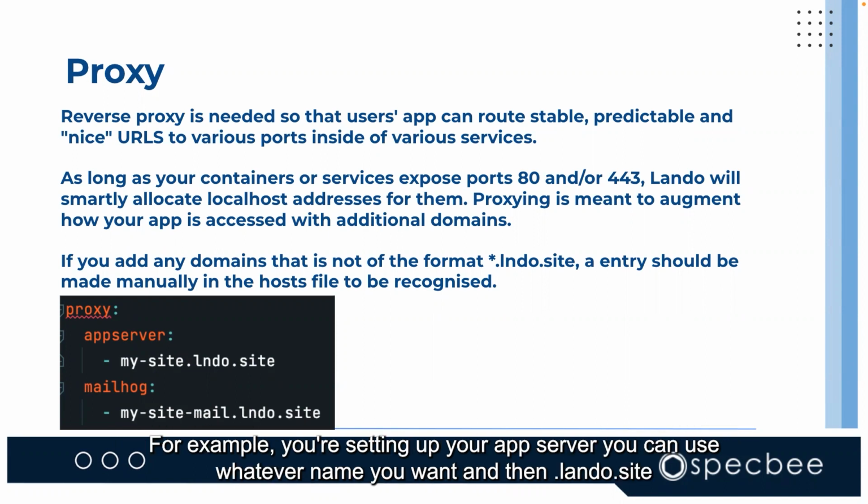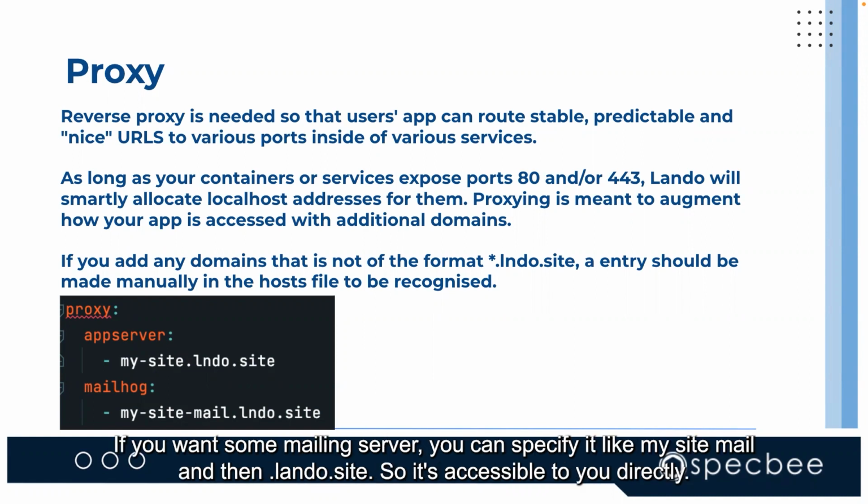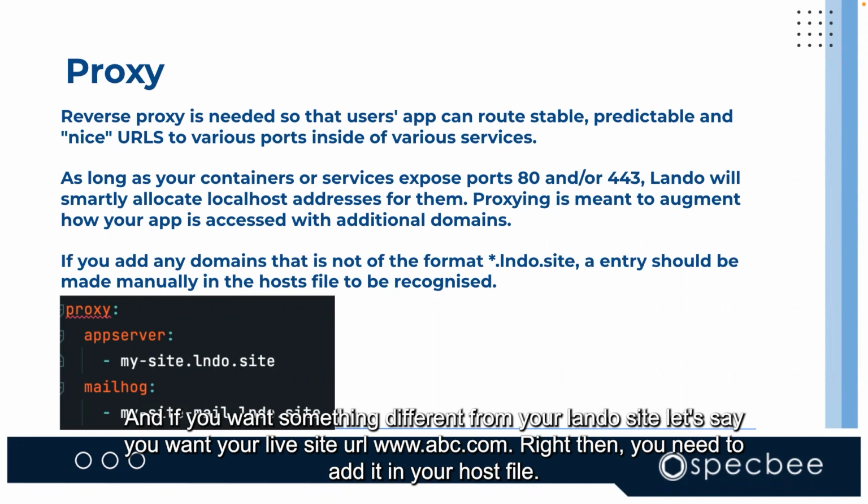For example, you are setting up your app server. You can use whatever name you want and then .lando.site. If you want some mailing server, you can specify it like my site mail and then .lando.site. So it's accessible to you directly. And if you want something different from .lando.site, let's say you want your live site URL, www.abc.com, right?